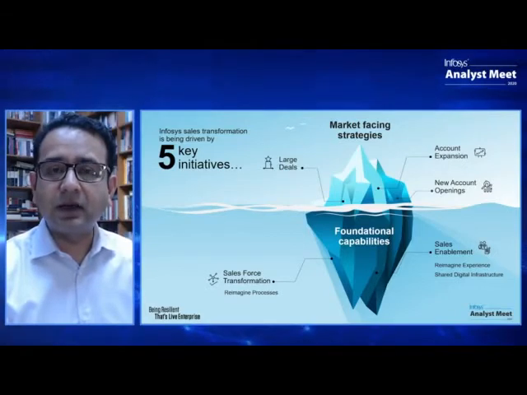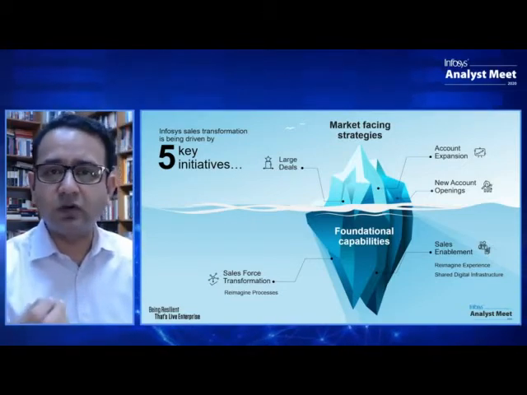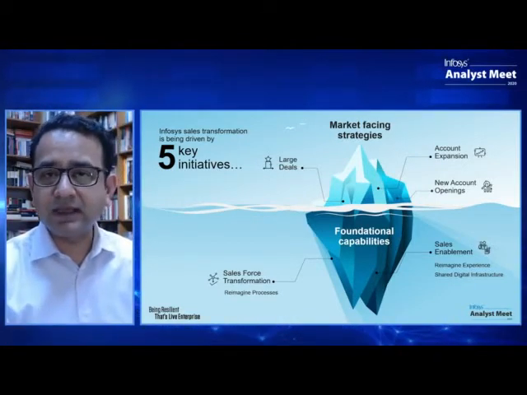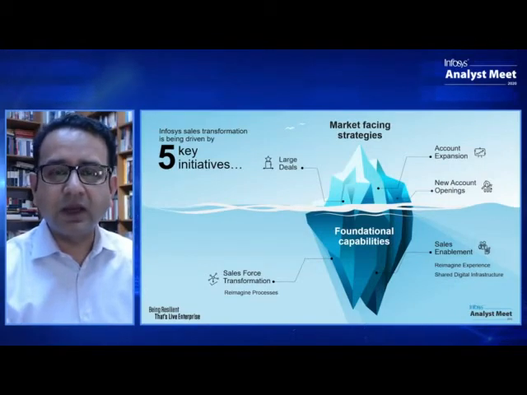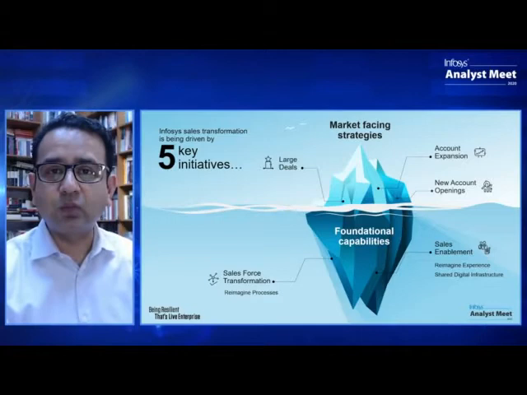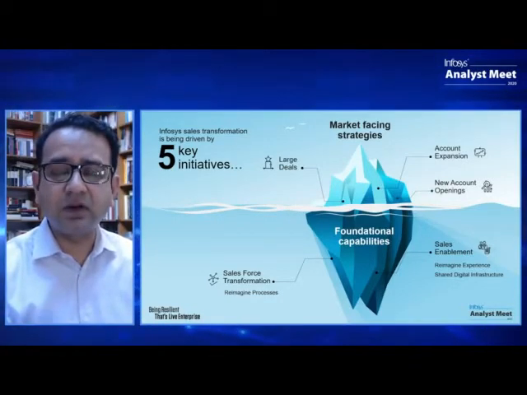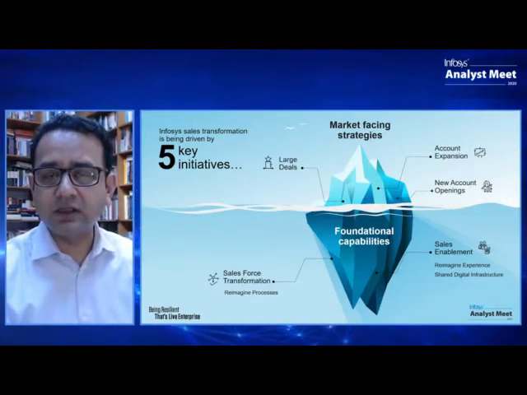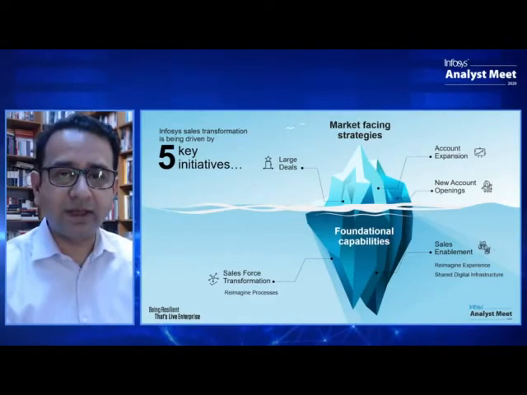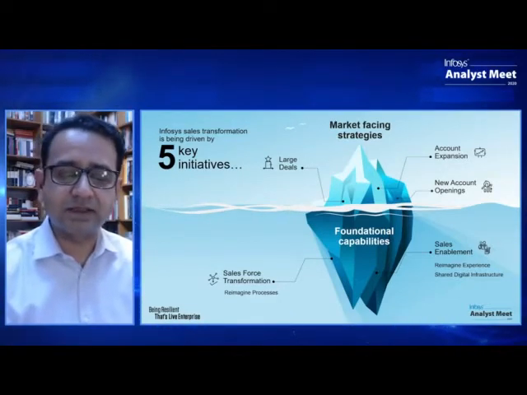But these three client-facing strategies are also supported by a significant amount of work that is happening within the organization to really enable the sales teams to be more effective. This draws on the larger digital transformation that is happening within Infosys as a group. And so some of the capabilities, some of the infrastructural solutions that we've created organization wide are being used very effectively from a sales perspective. And I'll talk about it briefly in the slides to come.